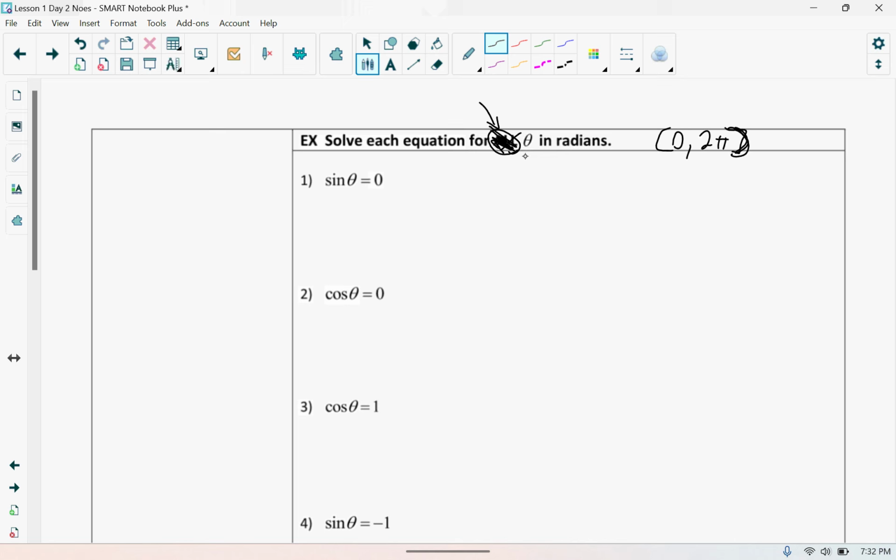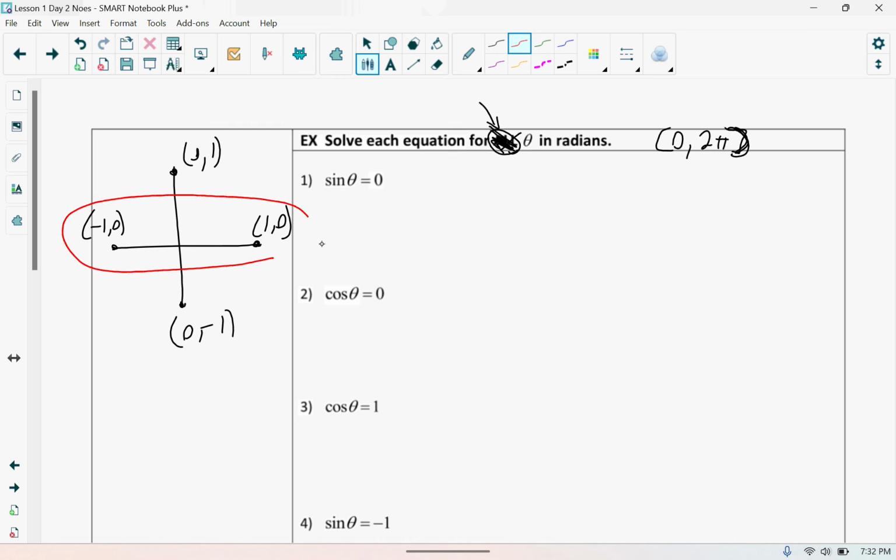Okay, so let's think back to degree measurement. So I want to know when sine of theta is 0. Where is that? So if I think about the unit circle, and I think about how sine is my y value, that means it's going to happen here and here.